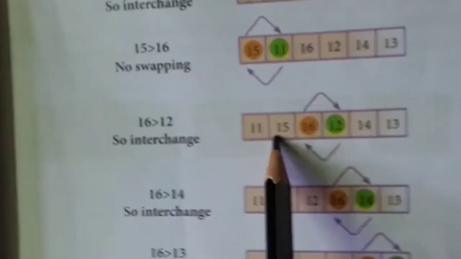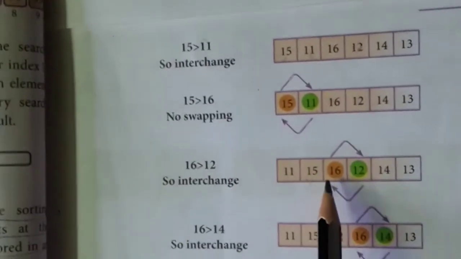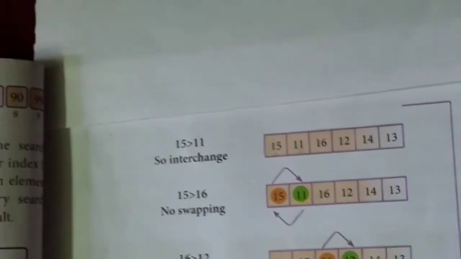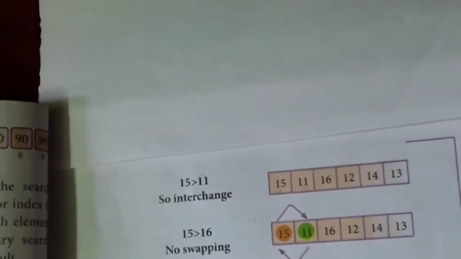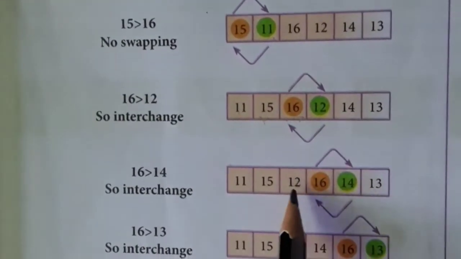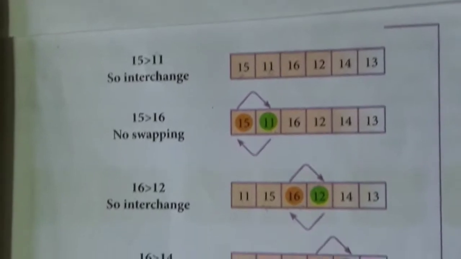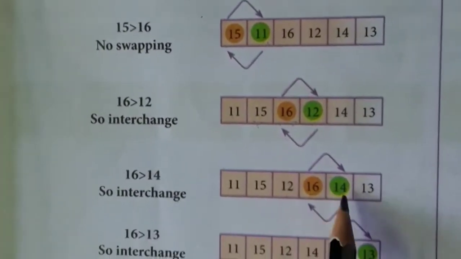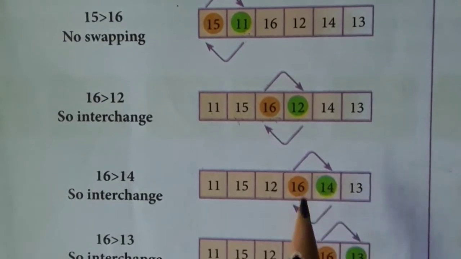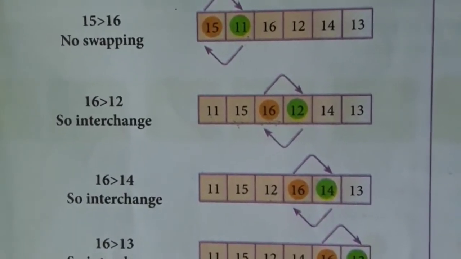Second, 15 and 16 will be compared. These two are in correct order, so there will not be any change. Then 16 and 12 will be compared. 12 is smaller, so 12 will come first and then 16. Now 16 and 14 will be compared. 14 is smaller, so 14 will come first.